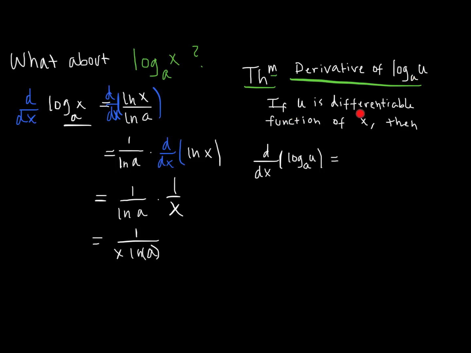If u is a differentiable function of x, then the derivative of log base a of u. And so let's follow what we found over here, which is that if we had log base a of x, we ended up with 1 over whatever the argument was, which in this case is u. So it will be 1 over u times the natural log of the base, so times natural log of a.